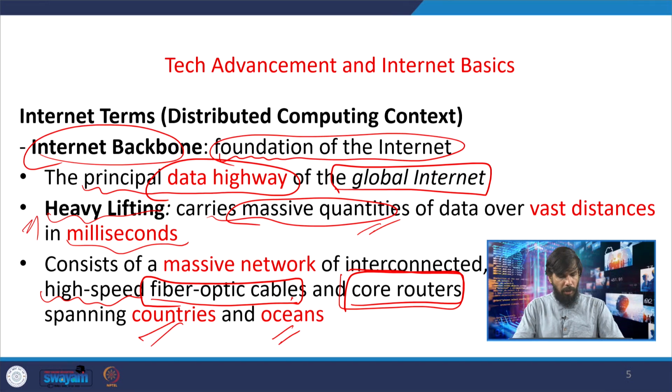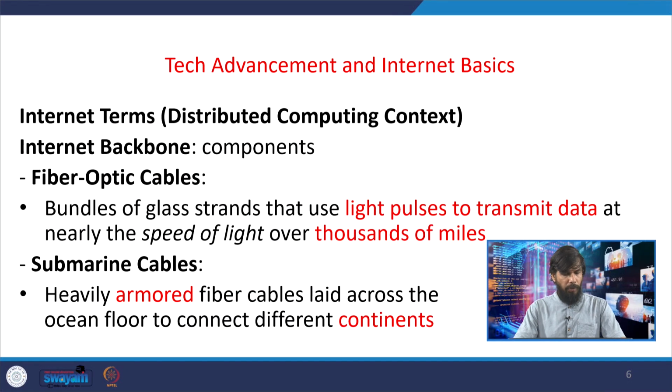Put together, this makes up the internet backbone, right. And that is what makes it possible for an end user to access a website hosted in some other country across a far away continent, right.